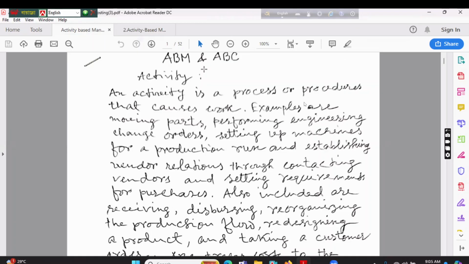My dear students, today I would like to discuss a new topic, activity-based management. Under activity-based management, we will discuss activity-based costing and activity-based management.